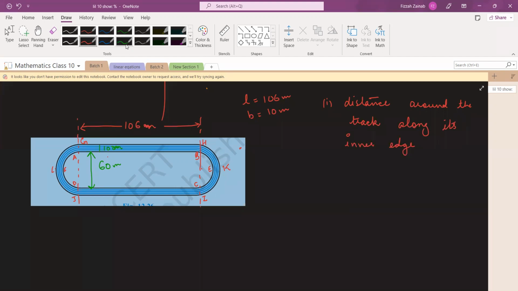Now, which distance do you have to find? That means this inner length, then this inner length, then this inner length and this inner length. Is that clear?